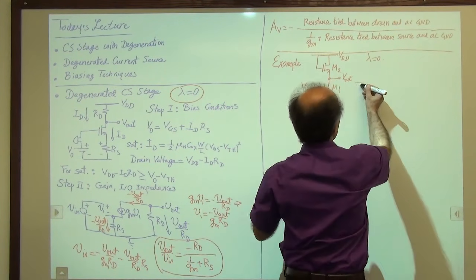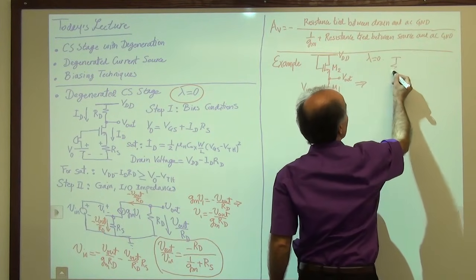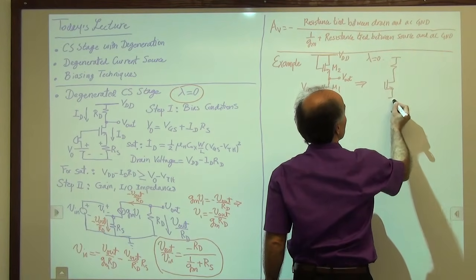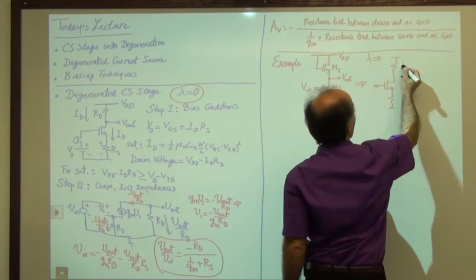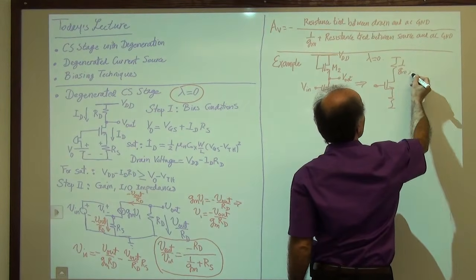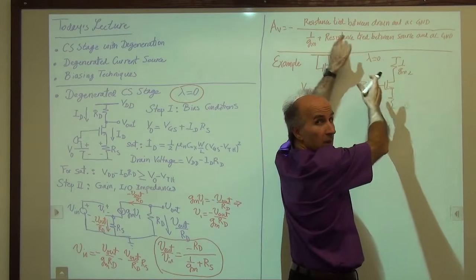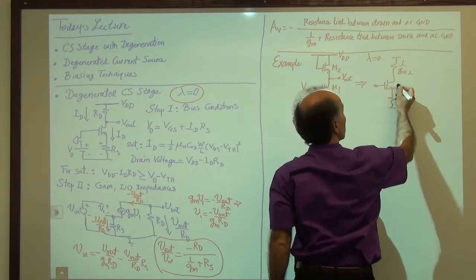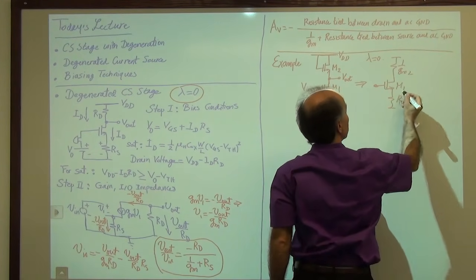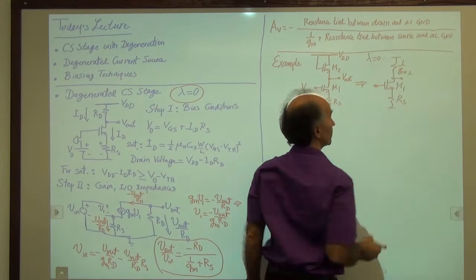So this circuit reduces to something like this. So as the load, we have 1 over Gm2. This is a two-terminal device, and that's modeled that. And then we have M1, Rs, and now we can write the voltage gain.